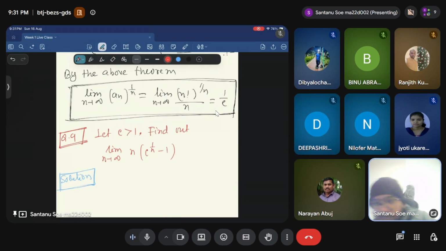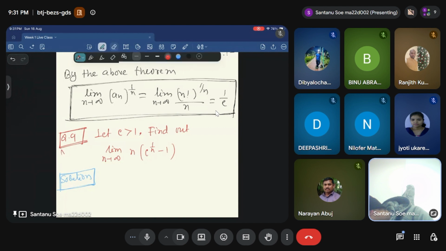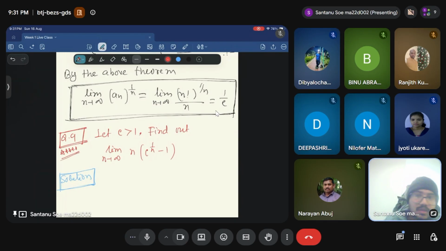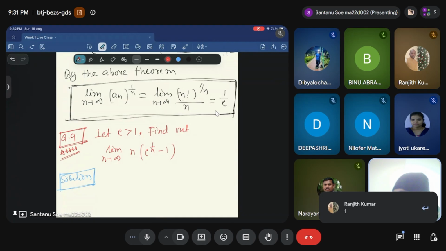So for this question, I will give it a 5 star. Not a 1 star, 2 star, 3 star, or 4 star. This is such an important question. You might face it in a competitive exam. Definitely you will face this question if you give a few tries, or if you look at previous questions.